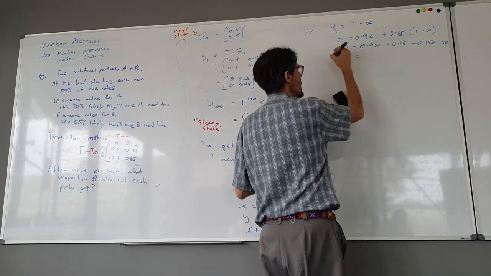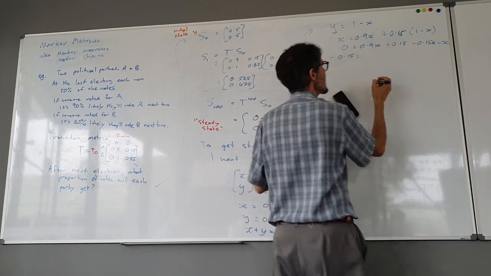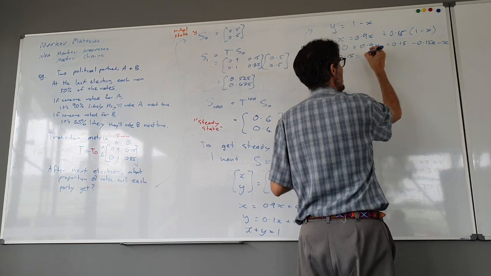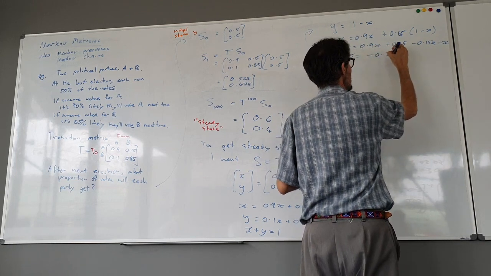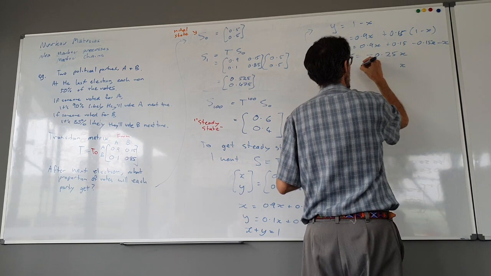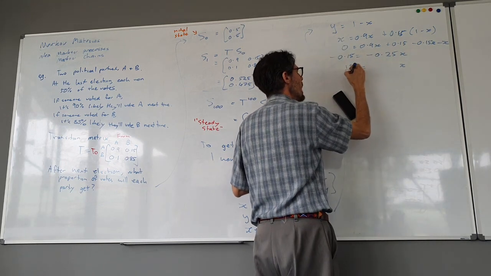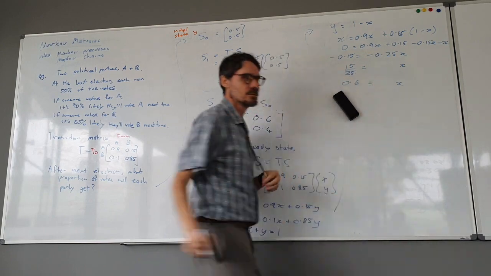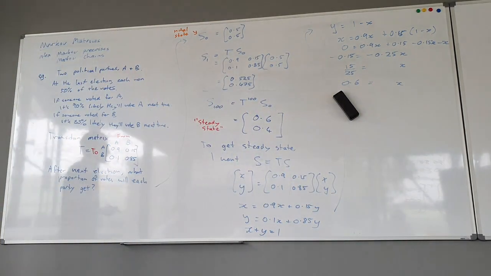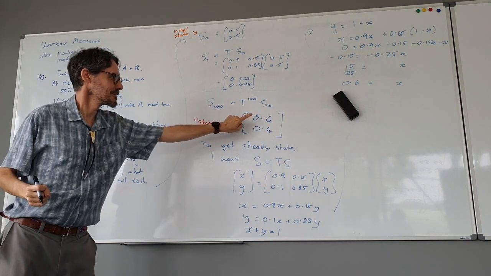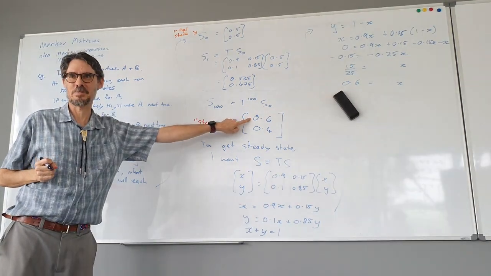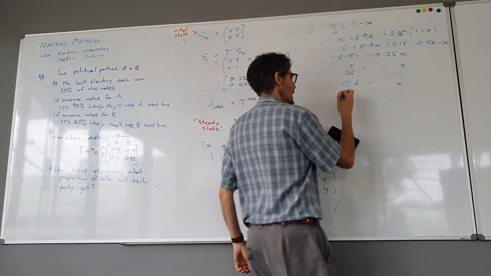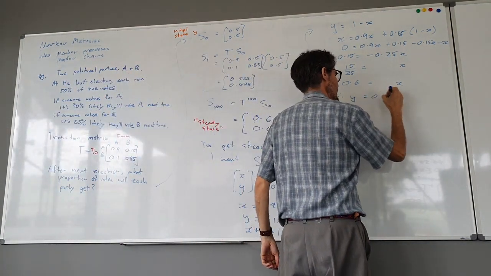This gives negative 0.25x plus 0.15 equals 0, so x equals 0.6. Same answer. Therefore, y has to equal 0.4.